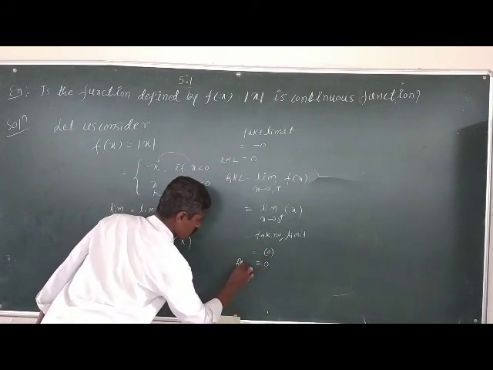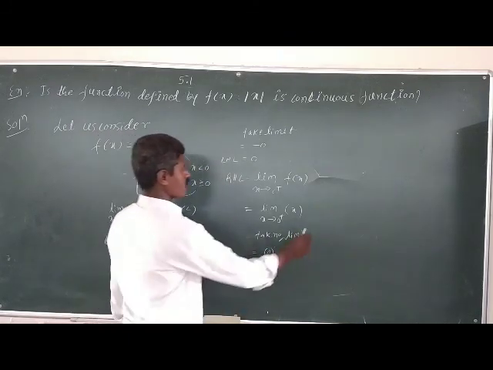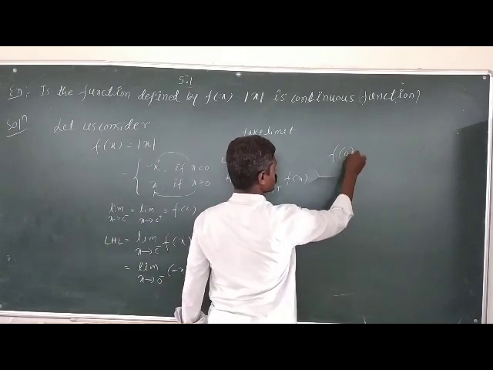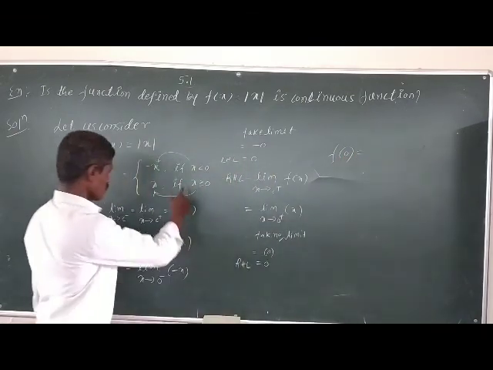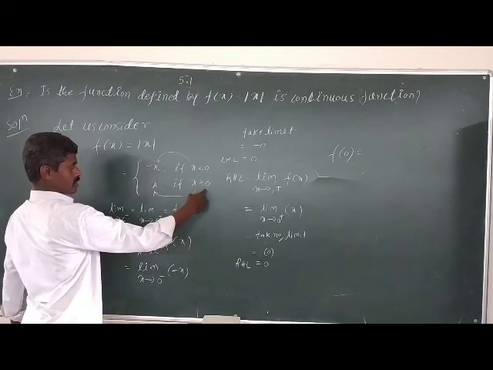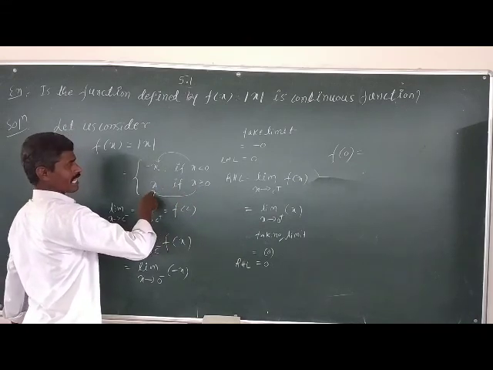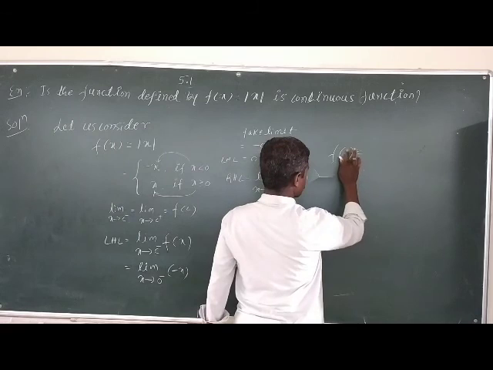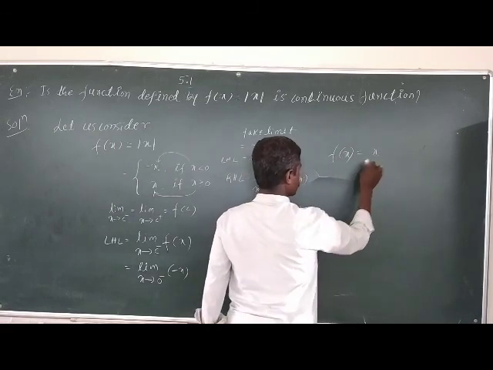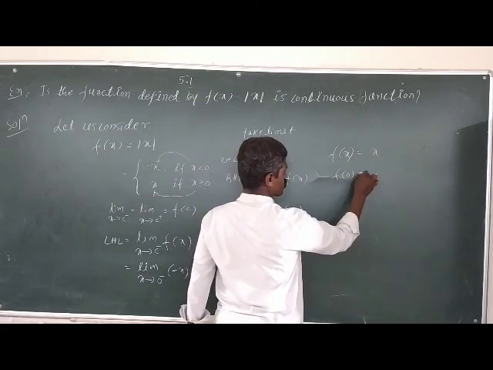So this is RHL. Now check for f of 0. Here the equal symbol is there, x equals 0. On that condition the function is x. Therefore f of 0 is equal to 0.